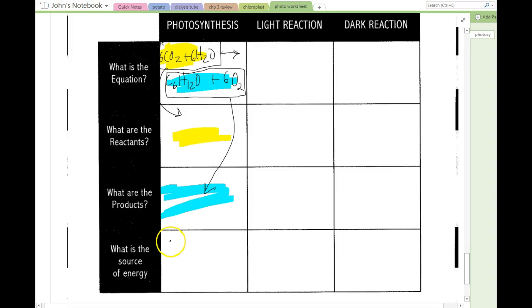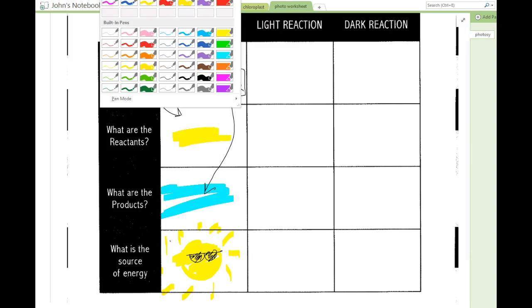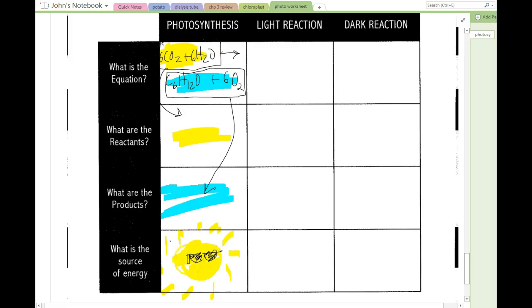What's the source of energy? I like to give him some glasses. Is that green? I am so colorblind. Is that yellow? Yeah, it's yellow. Oh, whatever. You know, it must be the light bulb over there on the projector makes it look green.